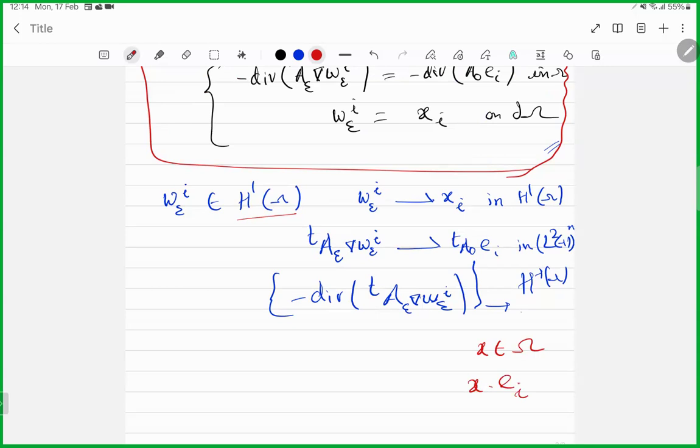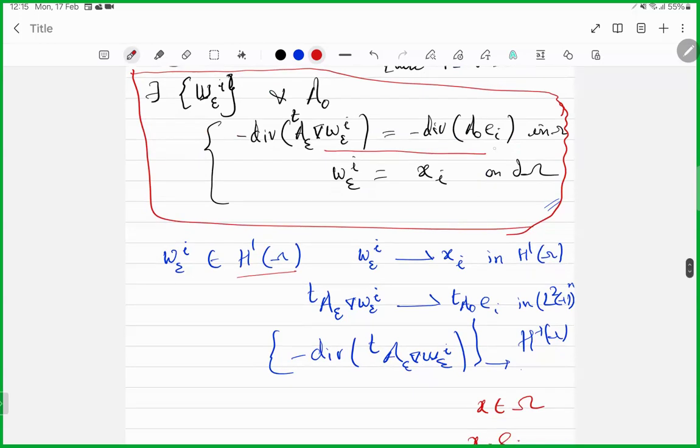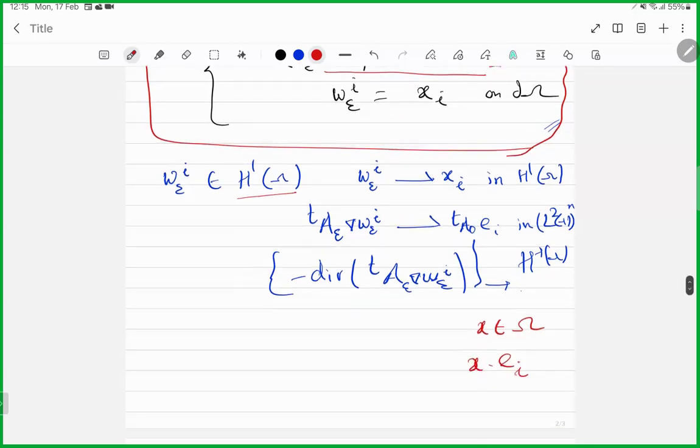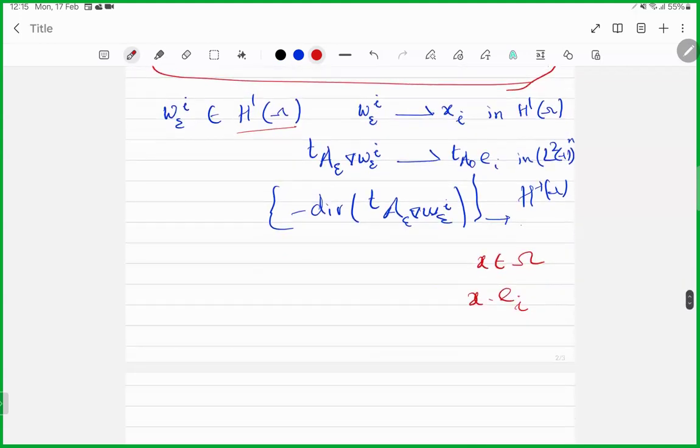So that is how it is constructed, because you have here EI, so EI is actually the gradient of Xi. I will show the example in the periodic case, but it is just coming from this equation. The way you choose W epsilon I and A0, all these properties will be satisfied. In fact, W epsilon I is chosen using this projection map from X to Xi, and then doing some lifting. I'll show that after I finish this easy part.